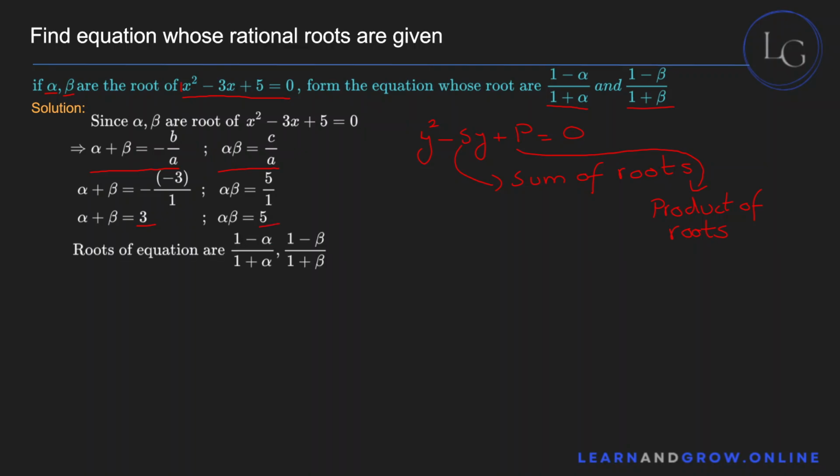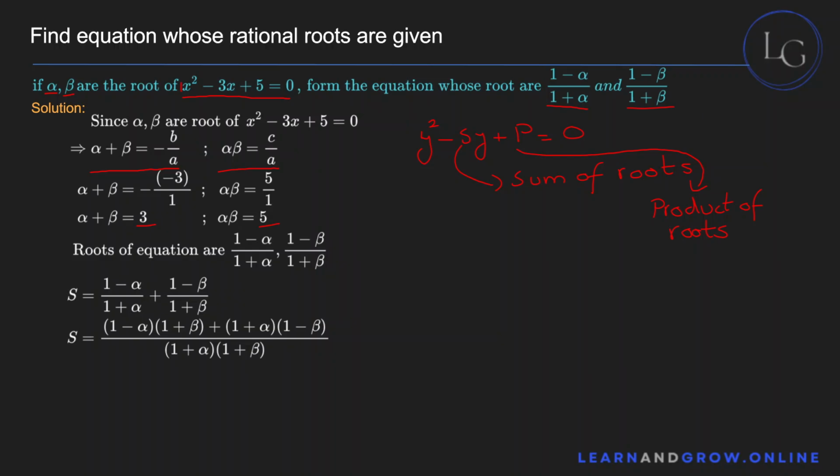Now, the roots of the equation are 1 minus alpha over 1 plus alpha and 1 minus beta over 1 plus beta. So we first find this sum of roots. So 1 minus alpha over 1 plus alpha plus 1 minus beta over 1 plus beta. Now, after performing the LCM, you get this term.